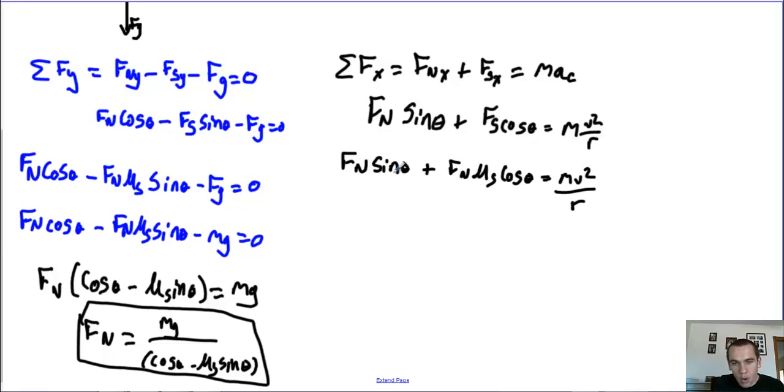So I'm going to go ahead over to this side and I'm going to start putting all that stuff in. Everywhere I see Fn, I have to replace it with this whole thing.